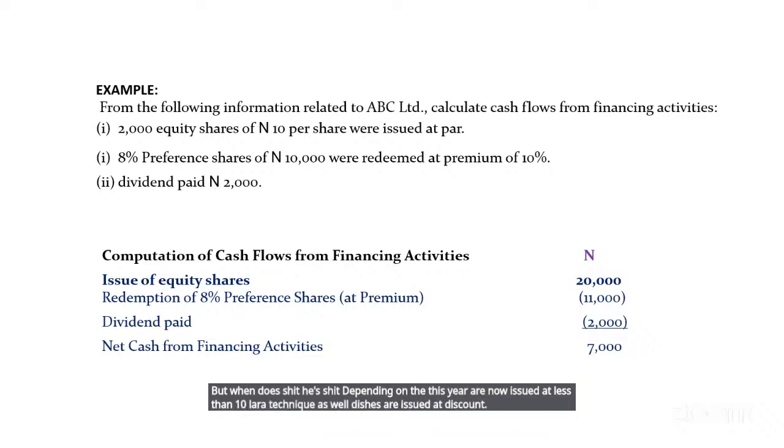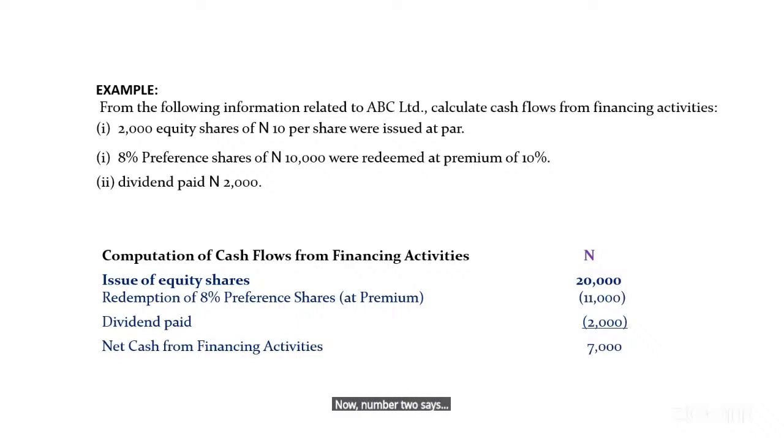Now, number two says 8% preference shares of 10,000 were redeemed at a premium of 10%. Then lastly, dividend paid of 2,000 naira. Now, we're computing cash flow from financing activity.